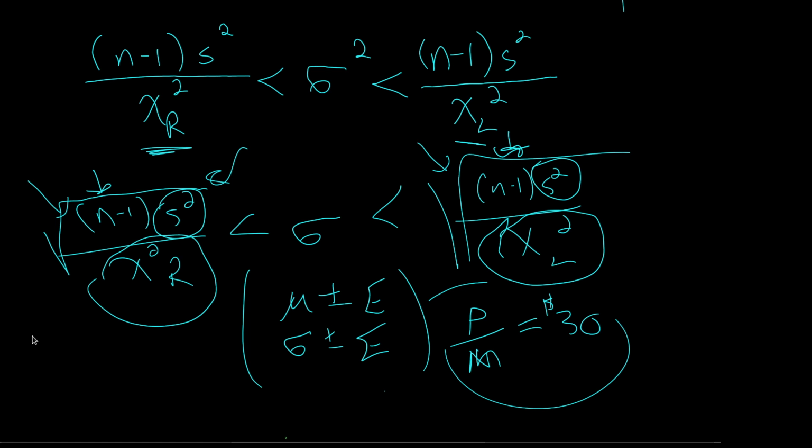Let's see here. I want to get to the data we were using there. If we have a normally distributed population, let's get our estimates. Here we go, let's use this one.